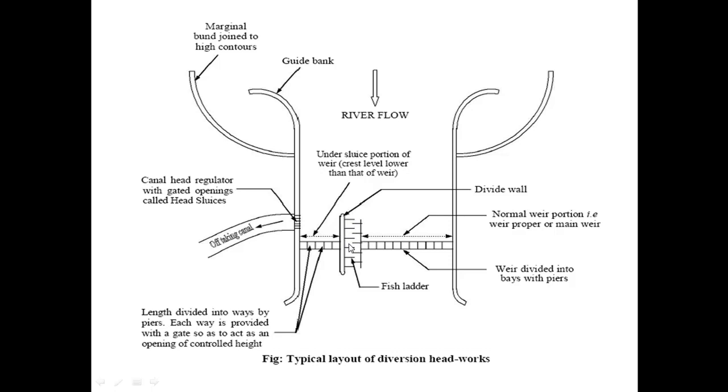They are constructed so that the velocity of the river water is broken and it should not exceed 3 to 3.5 meters per second. When the river water strikes these baffle walls, the velocity breaks, and as a result the fishes easily move from one side to another side.